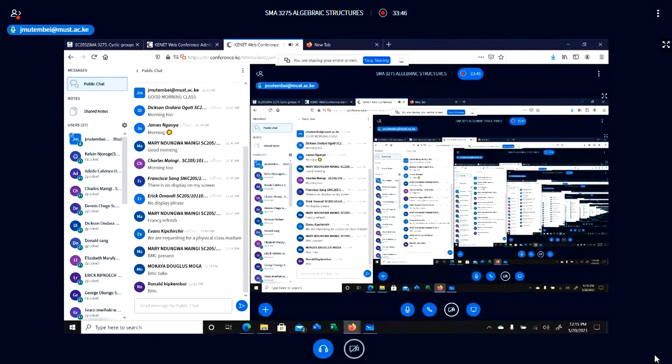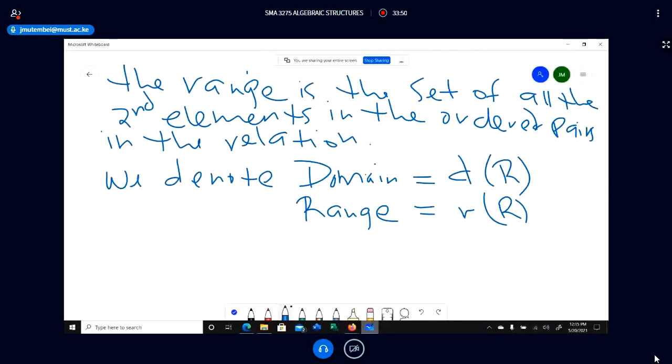Okay, so let's continue. So we have the domain and the range of a relation. Then we can illustrate this with an example.